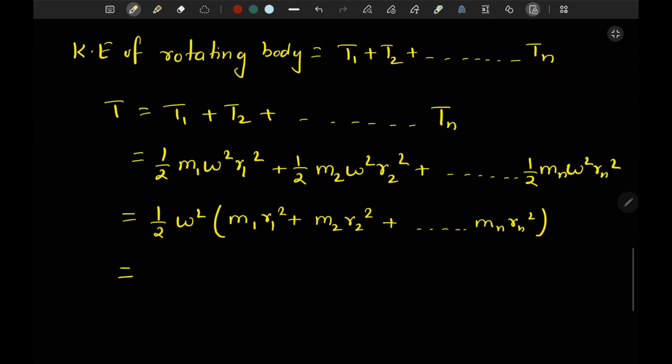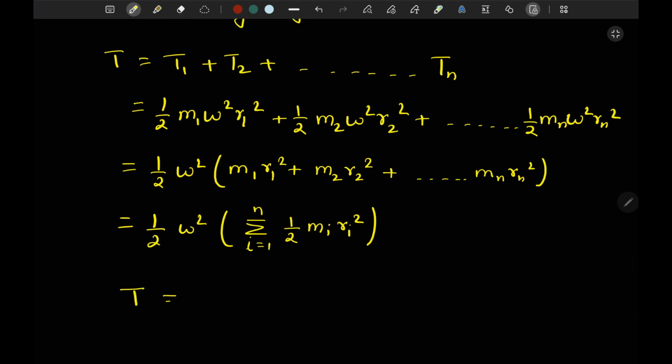The sum terms inside the bracket can be written as summation i equal to 1 to n mi ri square.